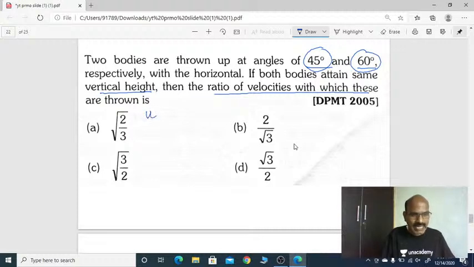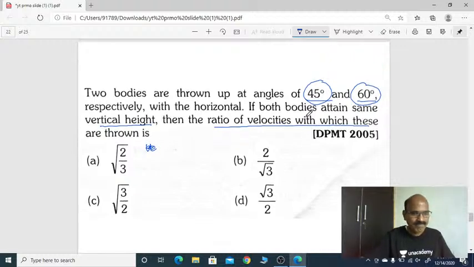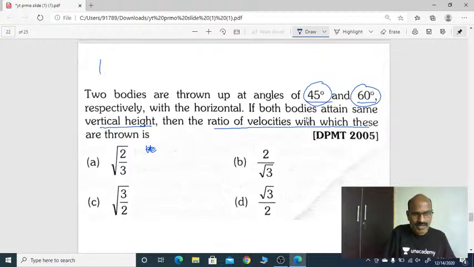We know that H maximum equal u square sine square theta by 2g.